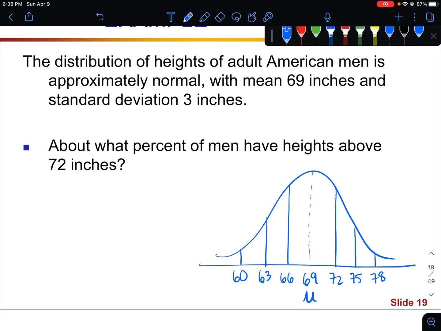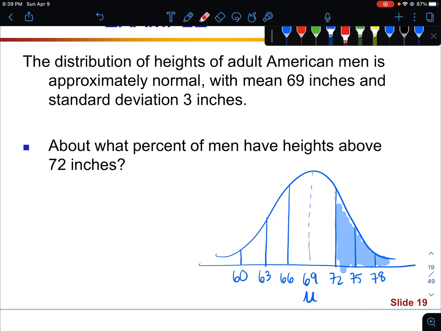So it says, what percent of men have height above 72? So that's going to be this area right here. So what we need to do is figure out how much percentage of height there is between 66 and 72.